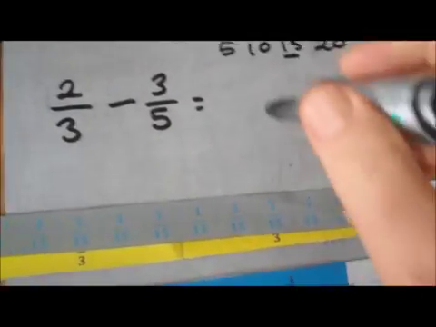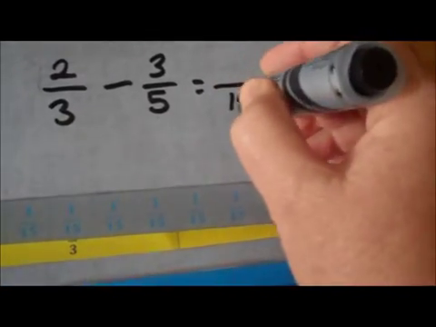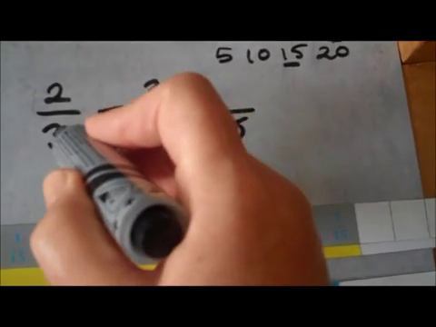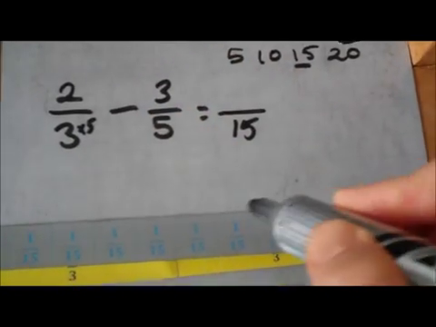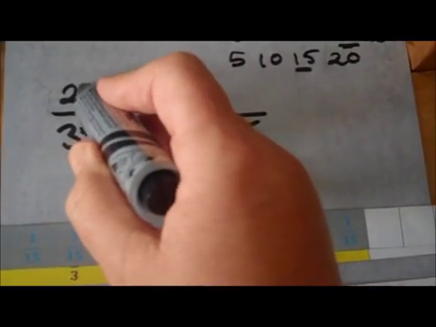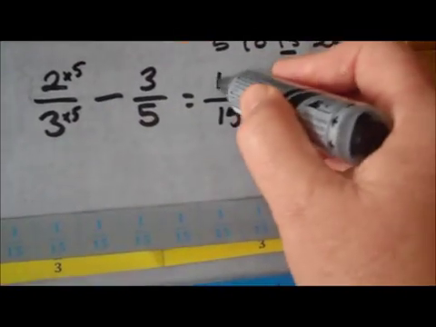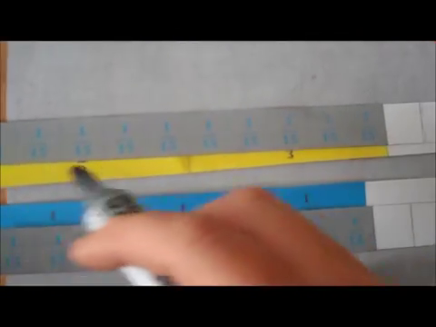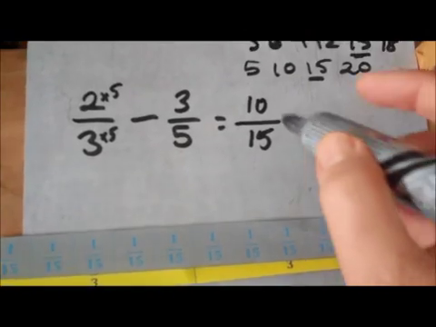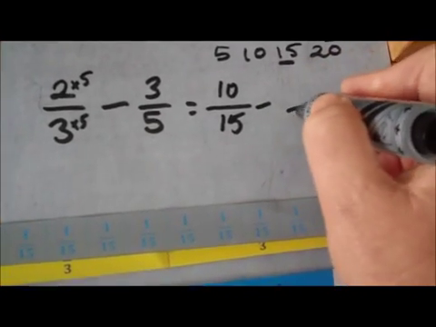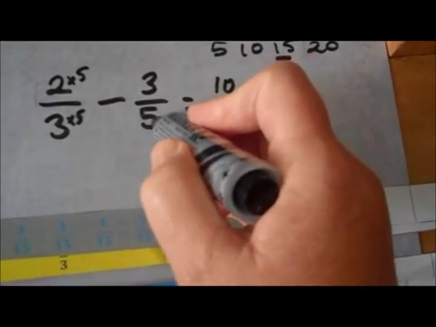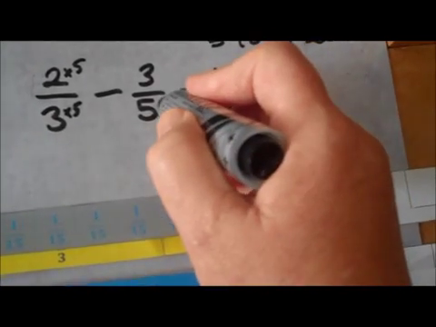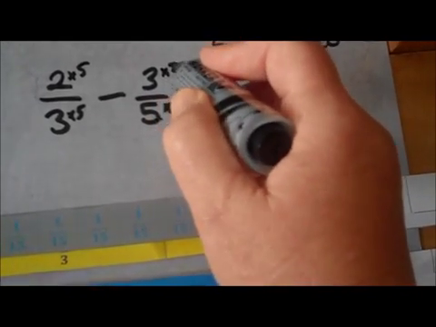So 2/3 became how many 15ths? Well, I had to multiply by 5 to get 15ths. So I'm going to do the same here. So there's my 10 15ths. That's the one that's overlapping the yellow. Now I've got to take away some 15ths. How did I go from 5 to 15? I thirded them actually.